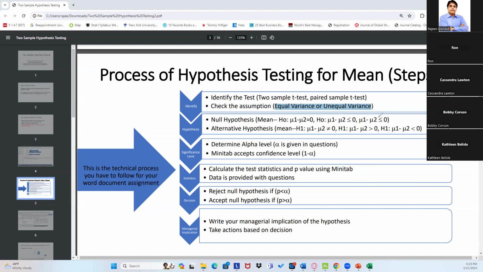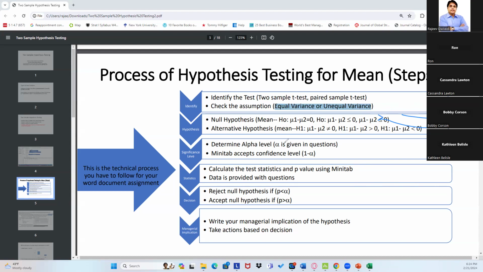I think I made a mistake. One has to be less than or equal to, the other greater than or equal to; in the alternative, greater than or less than.